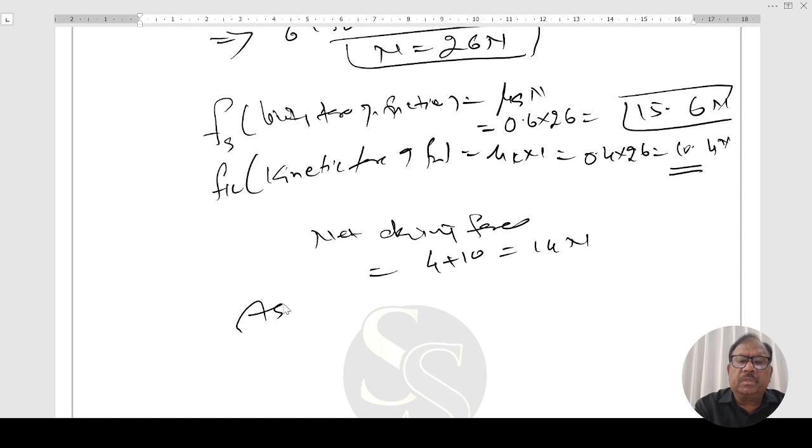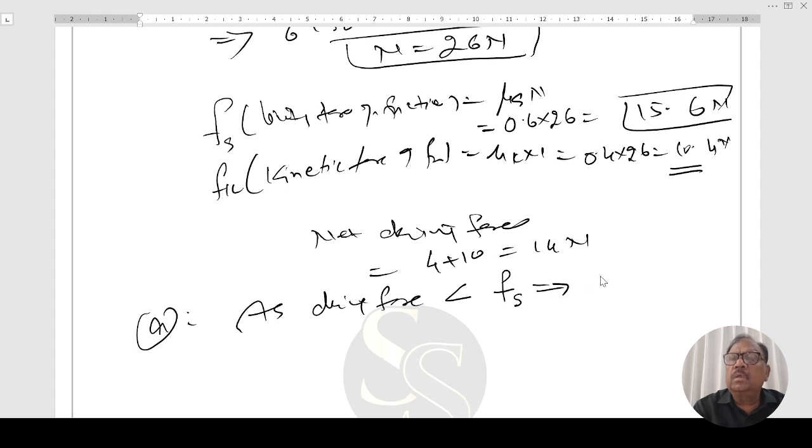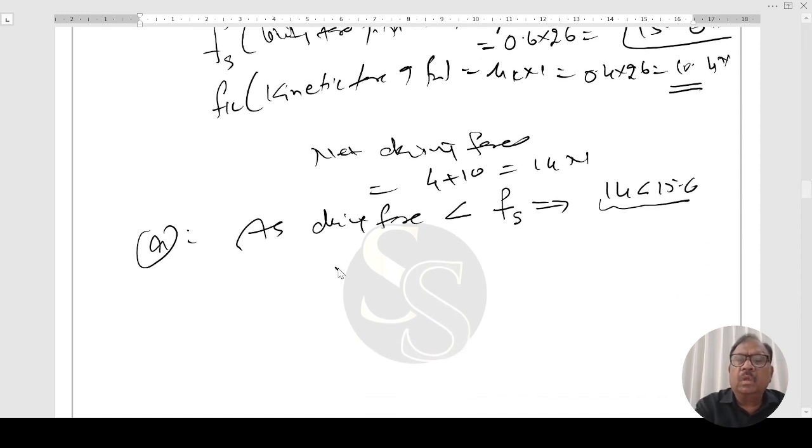Now, part A: as the driving force is less than Fs, that is 14 is less than 15.6, therefore no motion.